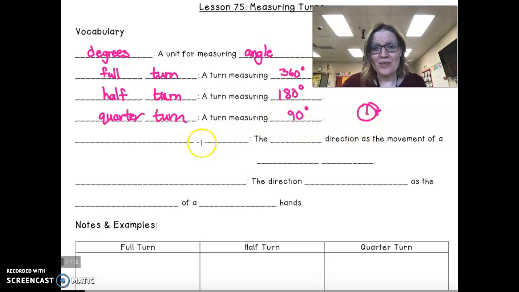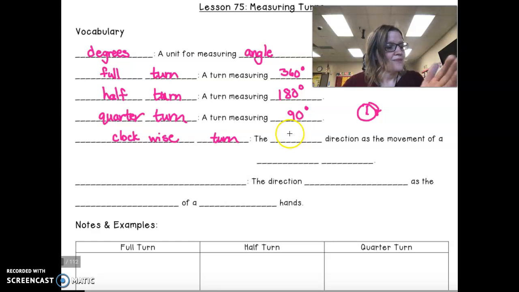Which brings up our other thing when we're talking about things that are in direction, we need to talk about clockwise and counterclockwise. A clockwise turn is turning in the same direction as the movement of a clock's hands.